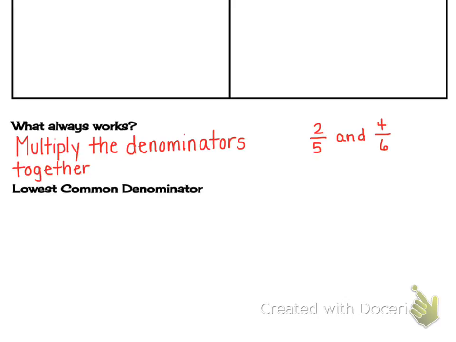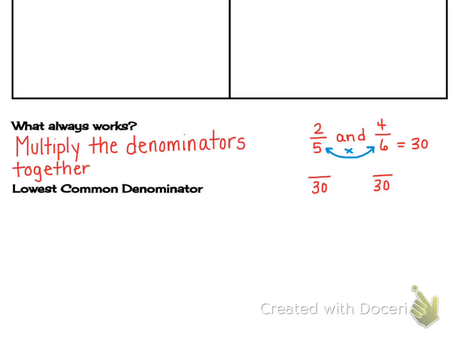One way you can always find a common denominator is to take these two denominators, 5 and 6, and just multiply them together. So when you write these equivalent fractions, you would change 2/5 to something over 30 and 4/6 to something over 30, because 5 times 6 equals 30. That would be the easiest way to always find a common denominator.